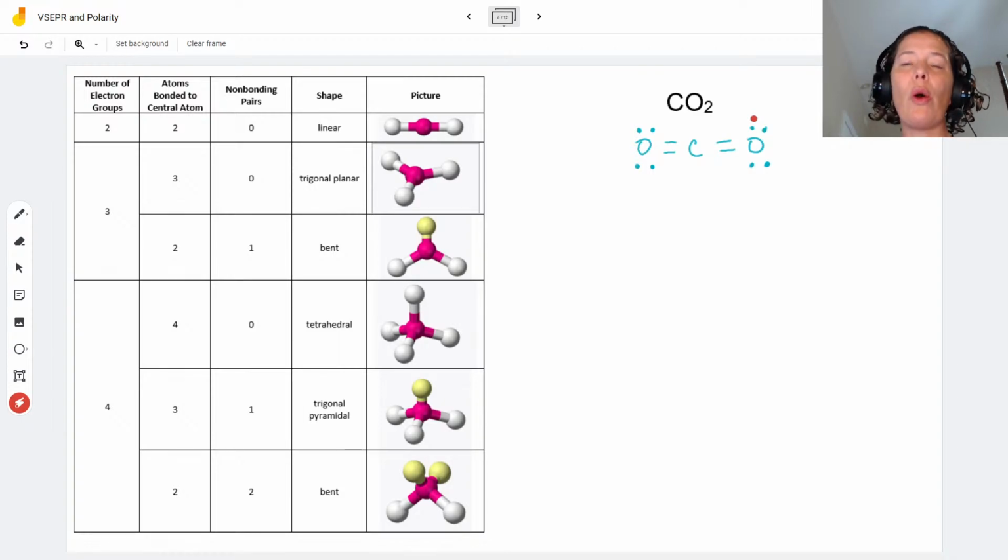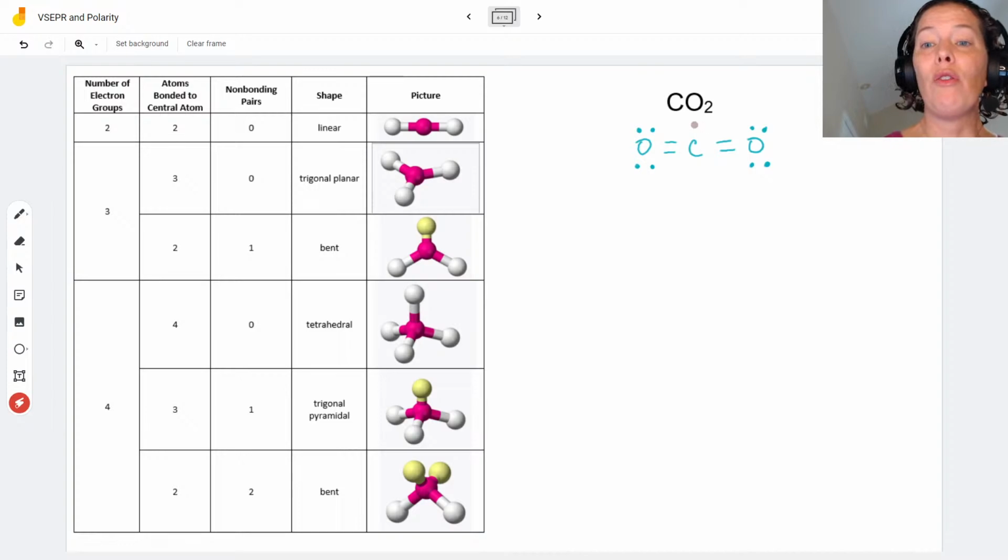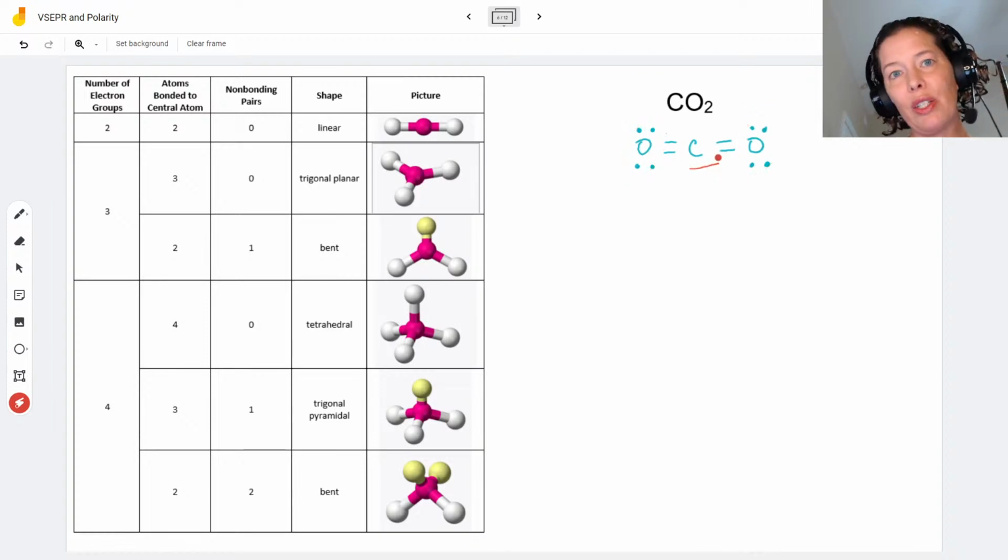We just want to know how many atoms are bonded to the central atom, but we don't really care if it's a single bond, double bond, or a triple bond. So in the case of carbon dioxide, for my central atom, I have no non-bonding pairs, and I have 2 atoms bonded to my central atom. So I'm looking for a 2-0 situation.